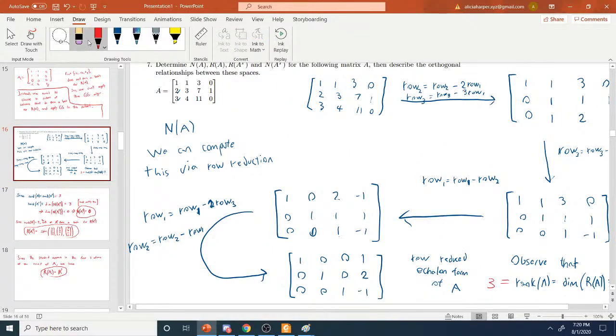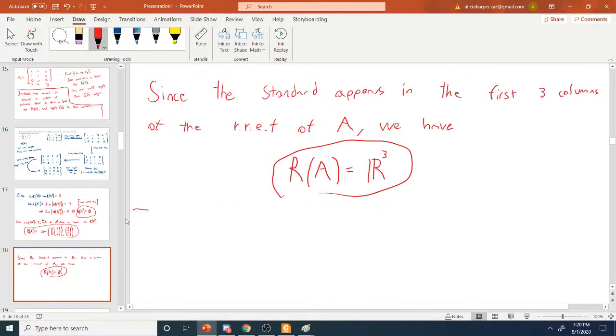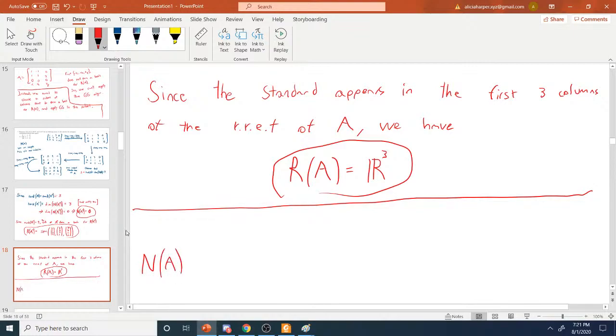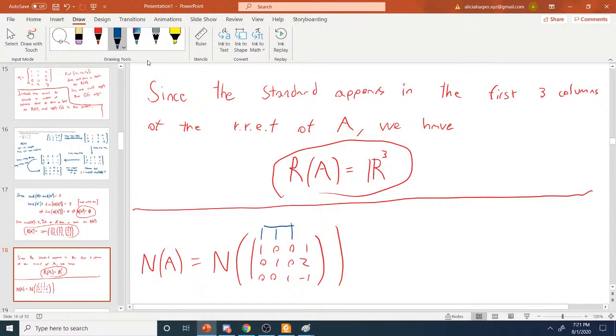So here's our fact. The null space of A is equal to the null space of its row-reduced echelon form. So 1, 0, 0, 1, 0, 1, 0, 2, 0, 0, 1, negative 1. And let's remark that this, and this all correspond to bound variables.